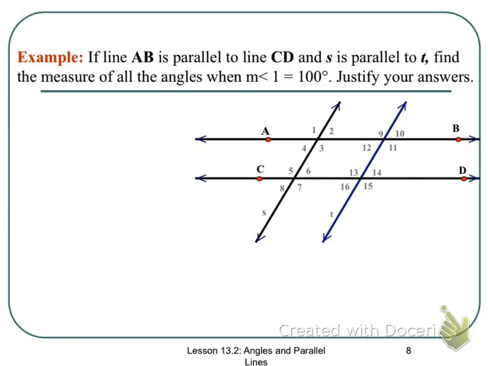So here's an example. If line AB is parallel to line CD and S is parallel to T, find the measure of all angles when the measure of angle 1 is equal to 100 and justify your answers. So we start looking at these relationships between the lines, and you can see all the corresponding angles, alternate interior, alternate exterior.